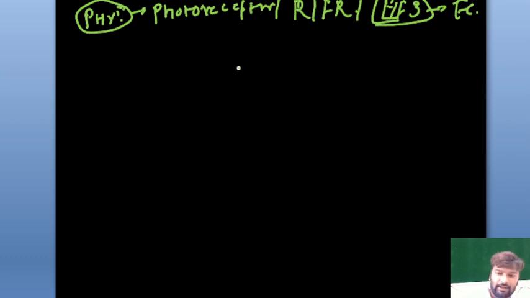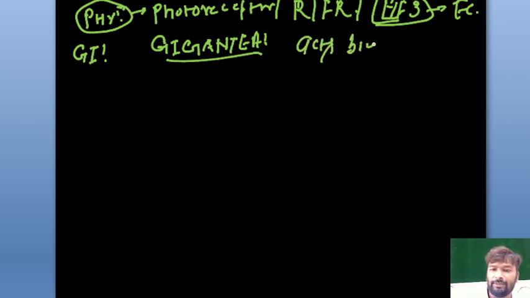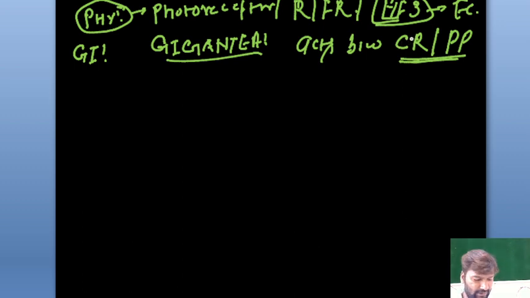Okay. Then there is one gene that is known as GI, Gigantea. So this gene acts between your circadian rhythms and photoperiodism. So this gene acts as a link between these.